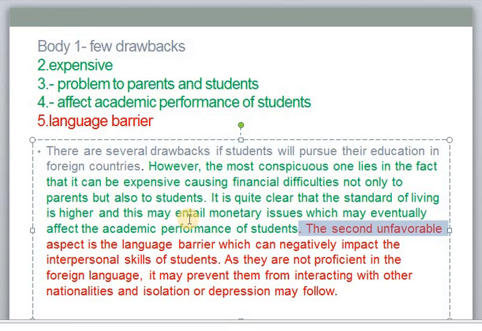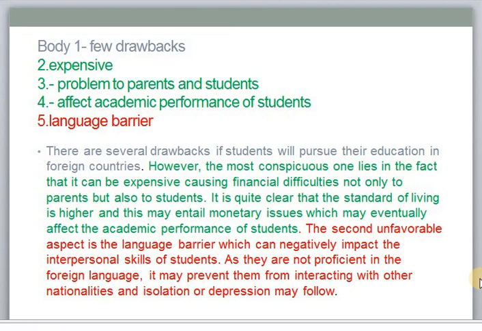Honestly speaking, I'm not a big fan of those connectives. Firstly, secondly. It's okay if you only need to get 6, but if you are targeting a higher score like 7 and above, I don't really recommend that you use firstly, secondly, finally, okay? Because it sounds too mechanical and it's so predictable already. Try to use more natural connectives.